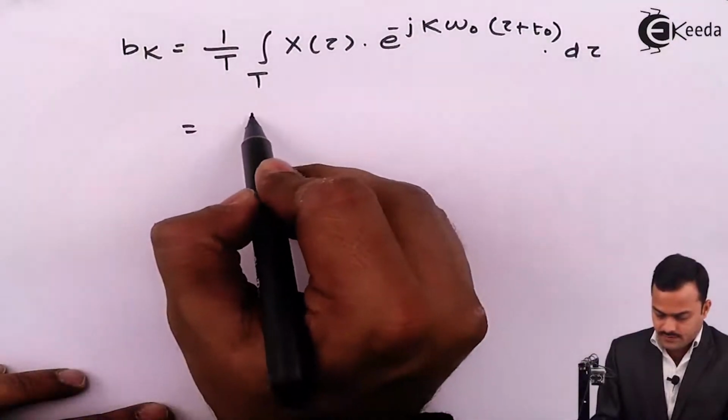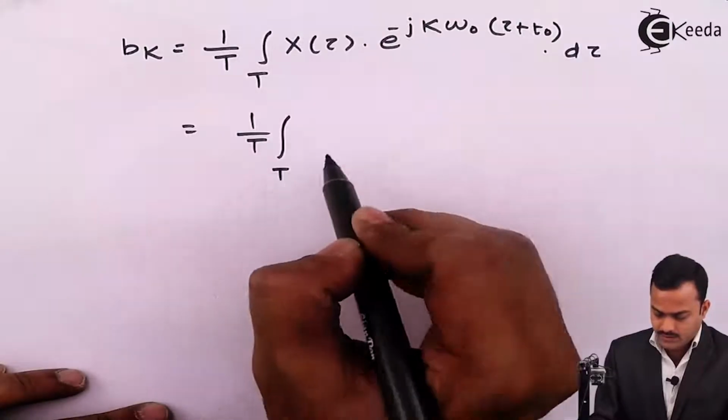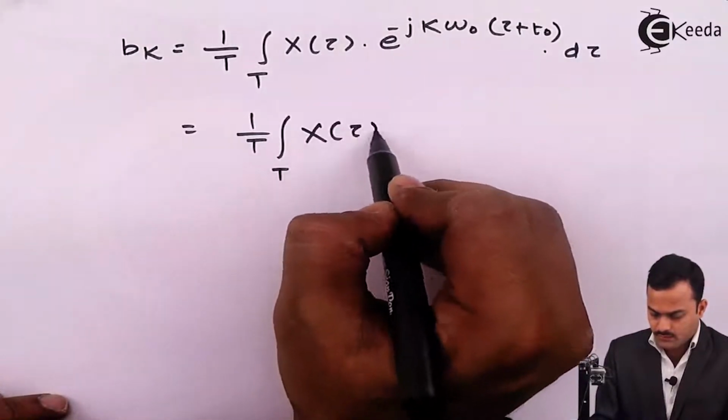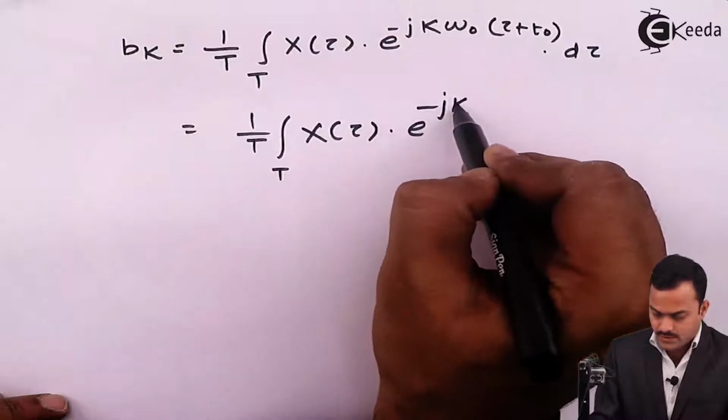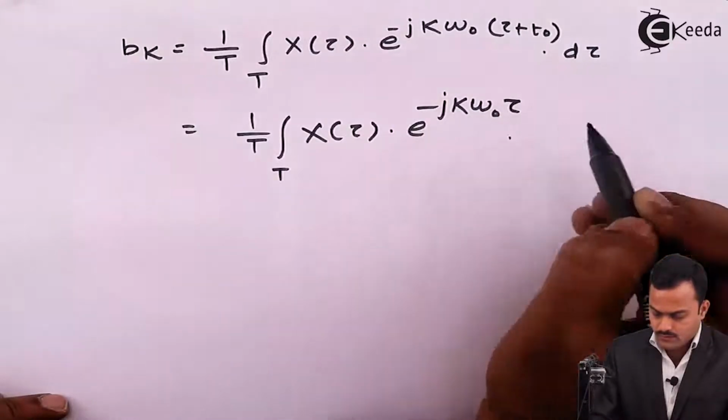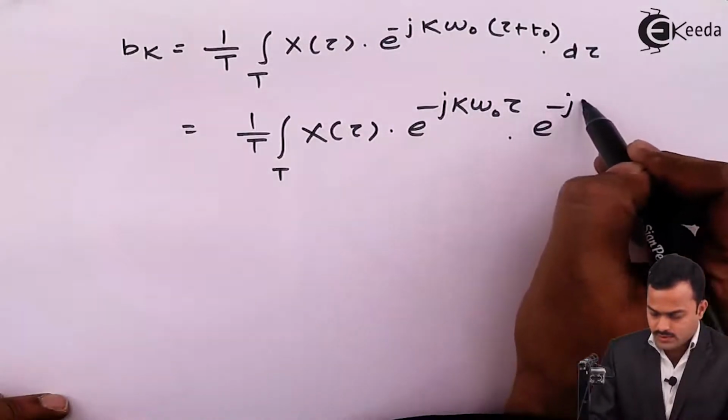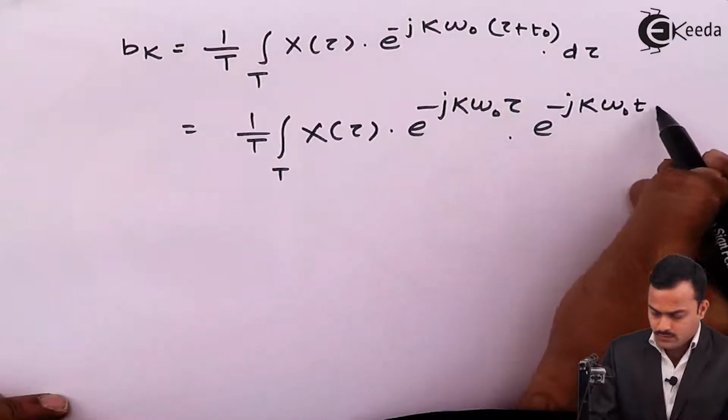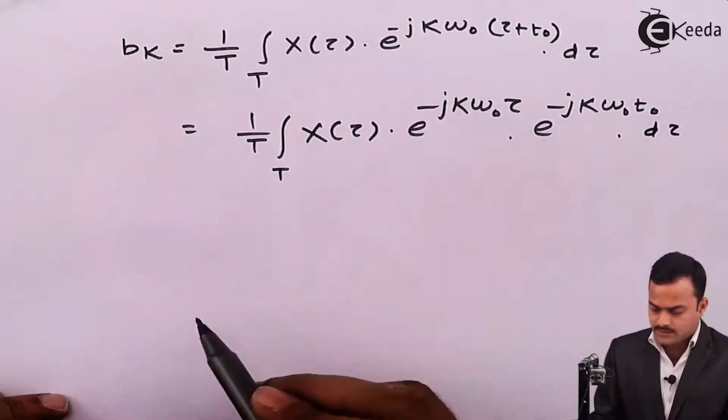So let's simplify. 1 by T integral over capital T x of tau e raised to minus jk omega 0 tau into e raised to minus jk omega 0 t0 d tau.